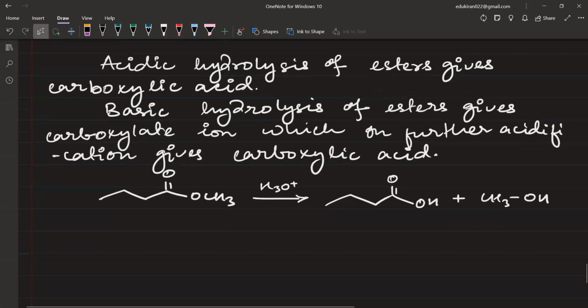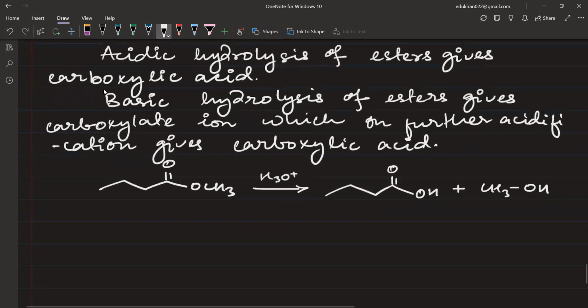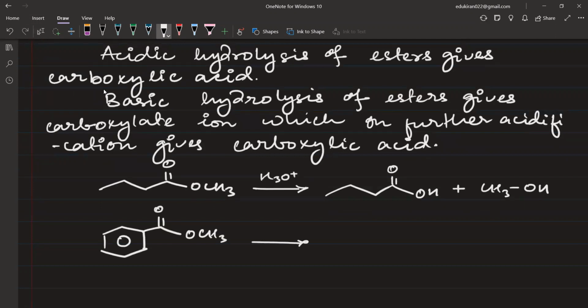Similarly, if you have something aromatic, you will get benzoic acid. Please remember, the portion till the carbonyl carbon is going to get converted to carboxylic acid. The rest of it is going to get converted to alcohol.